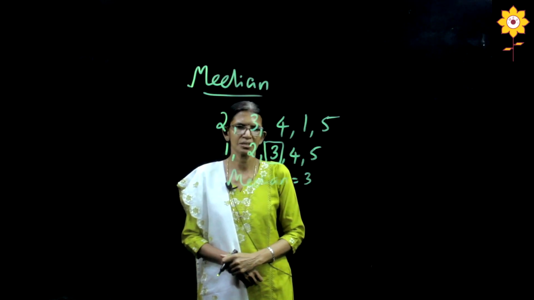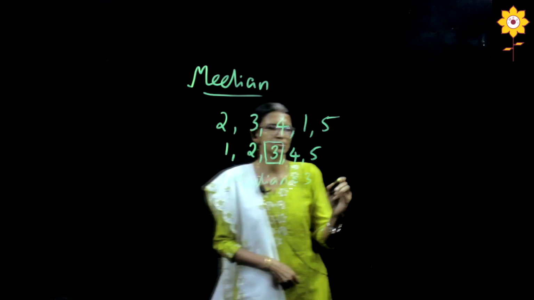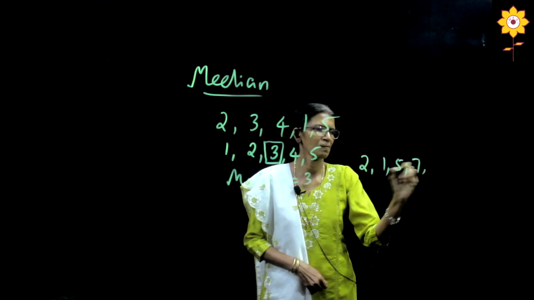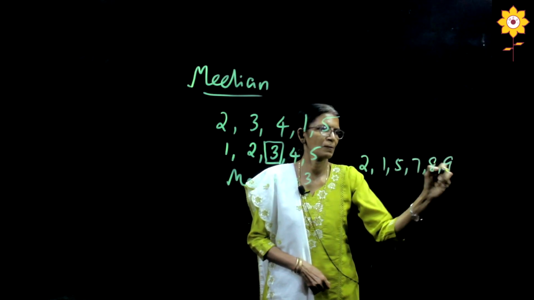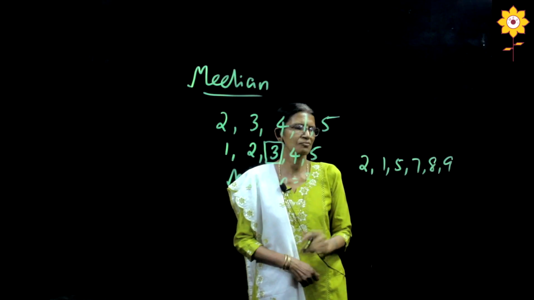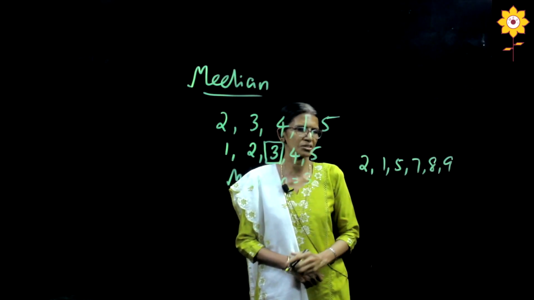Now, in case there are even number of observations, for example, if the observations are like this, now there are 6 observations in this, then first we have to arrange these observations either in ascending or descending order.